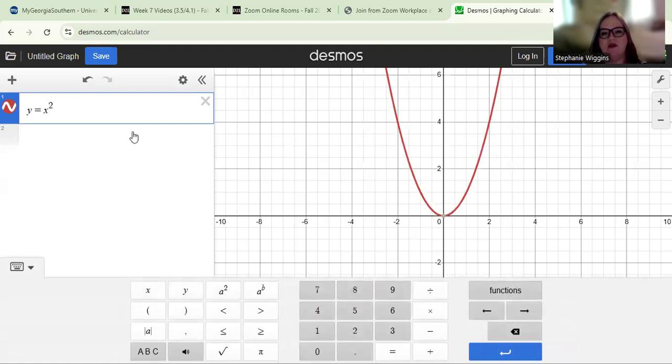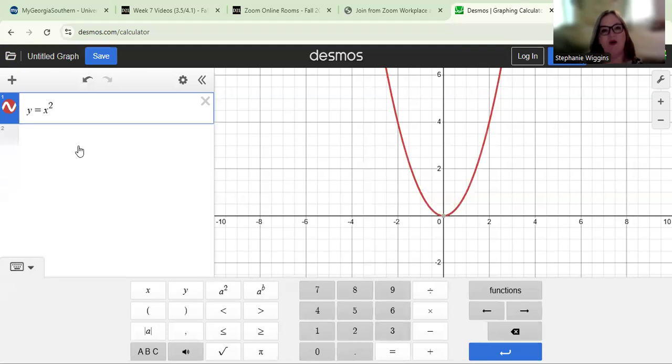There are two places you can put a negative: on the inside of the function or on the outside of the function. If I put it on the outside, that is going to affect the function vertically.